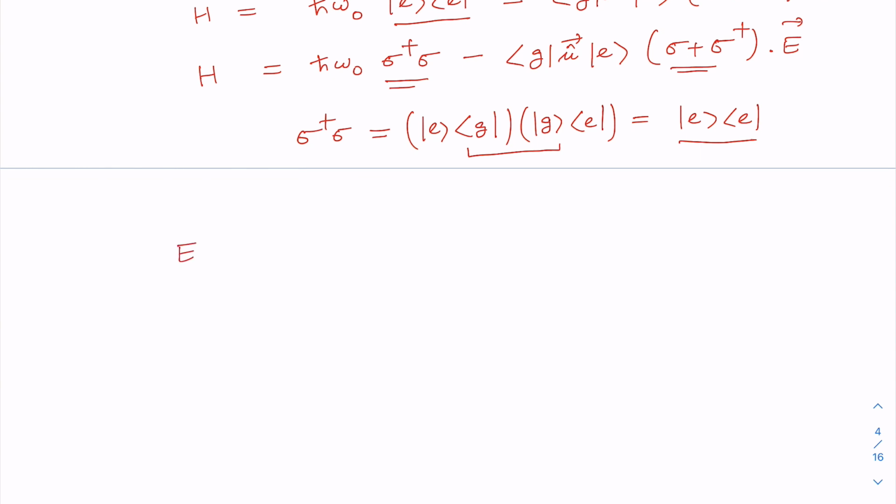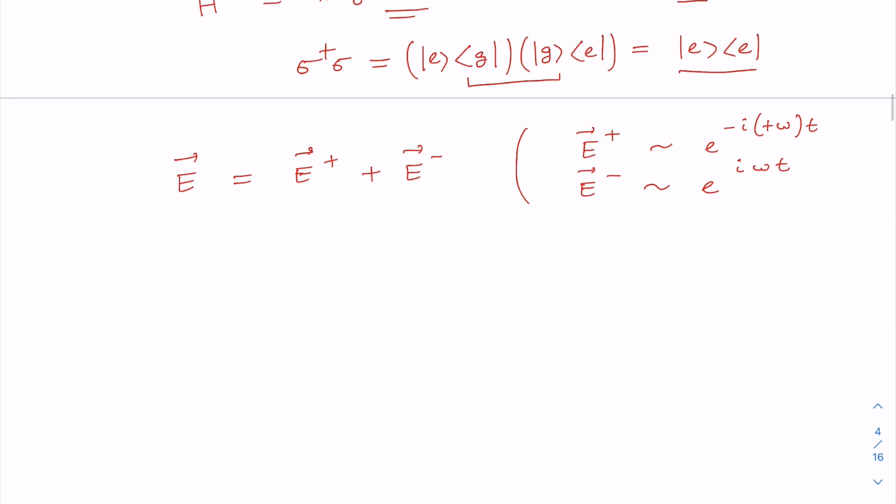If you recall, we earlier wrote the electric field as E plus and E minus, where E plus is the positive frequency part of the electric field, and it has this time dependence e to the power minus i omega t, so that's why it is the positive frequency part, and E minus is e to the power i omega t.